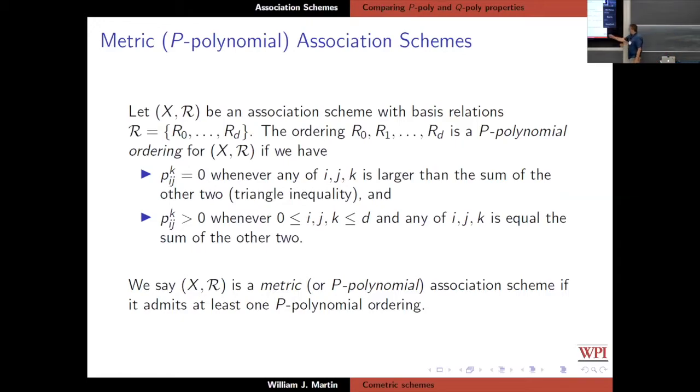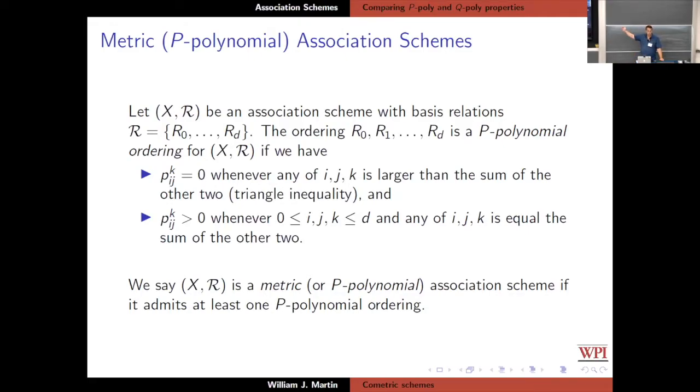So that requires that P_ijk is 0 if k is too large, or if any one of them is larger than the sum of the other two. And it's non-zero if one of them is exactly the sum of the other two and still inside the range 0 to D. So a metric or P-polynomial association scheme is one that has such an ordering.